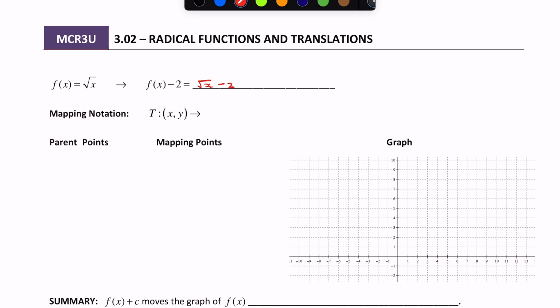Remember, it's outside the radical. Here, it is translated 2 units down. So our mapping notation, again, starts with the x, y points. Here, again, our x values stay the same, and our y values will decrease by 2.